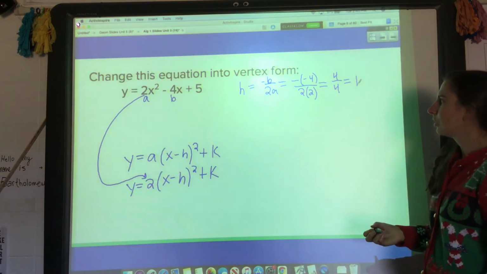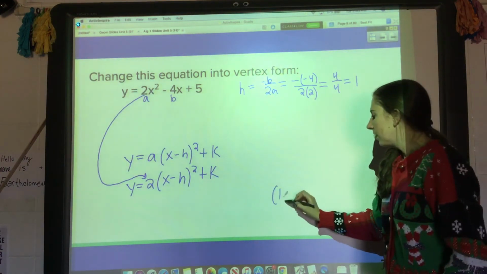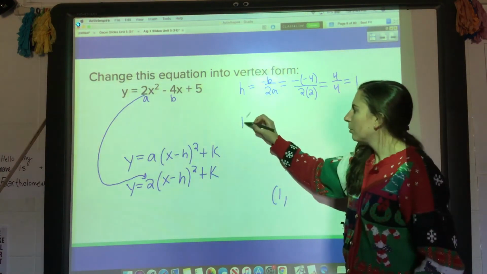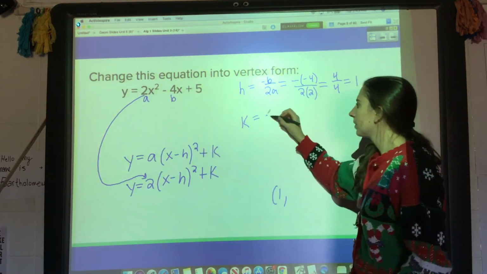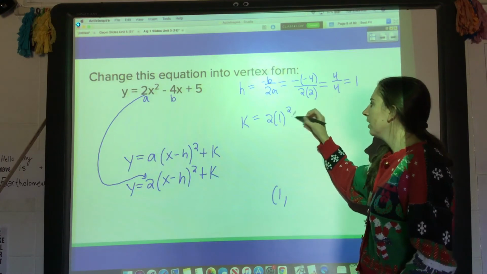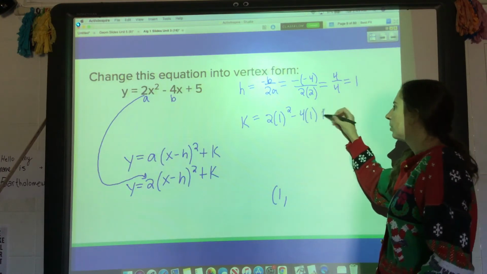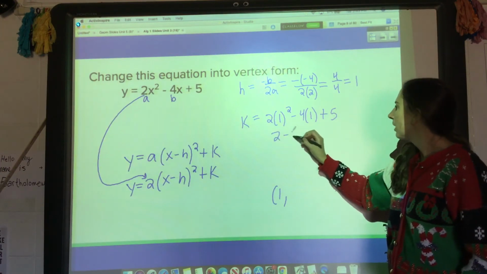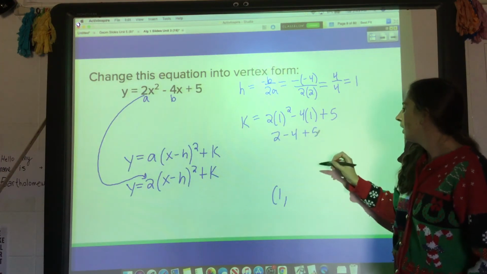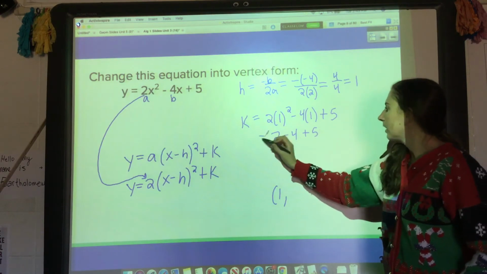That's my h, the x coordinate of the vertex. And then to find k, remember you just plug it in. So take the 1 and put it in for x. So 2 times 1 squared minus 4 times 1 plus 5, which would be 2 minus 4 plus 5, which would be 3.